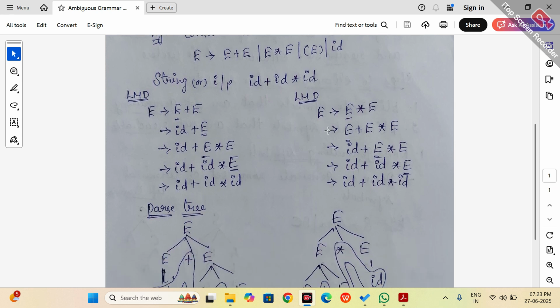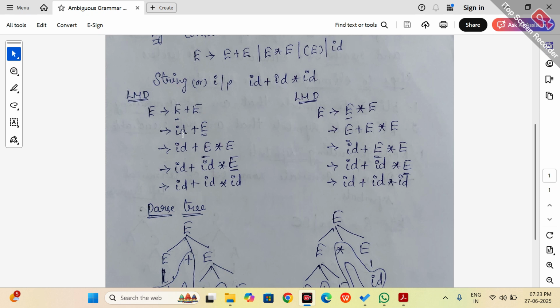With the help of the leftmost derivation, first we take the production E tends to E plus E. Leftmost derivation means we have to check which one is the leftmost non-terminal symbol. Out of these two E, this is the leftmost non-terminal symbol. You choose this E and replace it with the production E tends to ID.